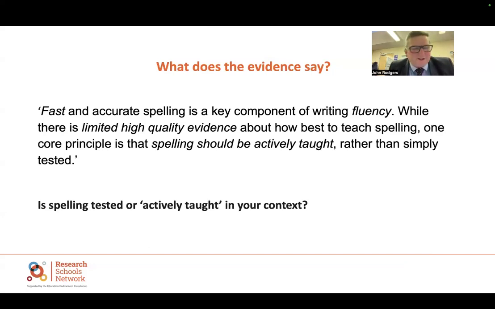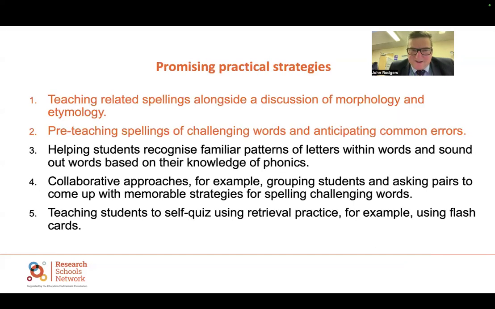The other bit of evidence you need to know about is that decontextualized spelling is fairly low impact, but contextualized explicit teaching of correct spelling is much more effective. For example, teaching the key words of a particular topic and breaking them down, looking at their etymology and this, that, and the other.